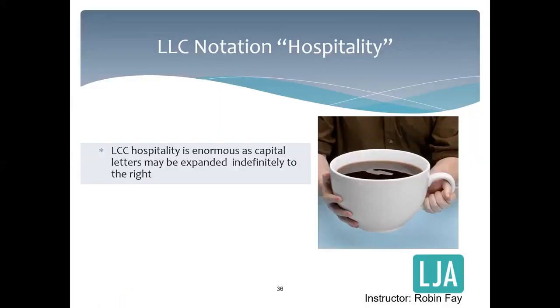LCC really is enormous in this because you can expand infinitely to the right. Typically when you look at an LC base call number with the decimal, it'll have just a couple or maybe three digits, but it has the ability to go far beyond that.